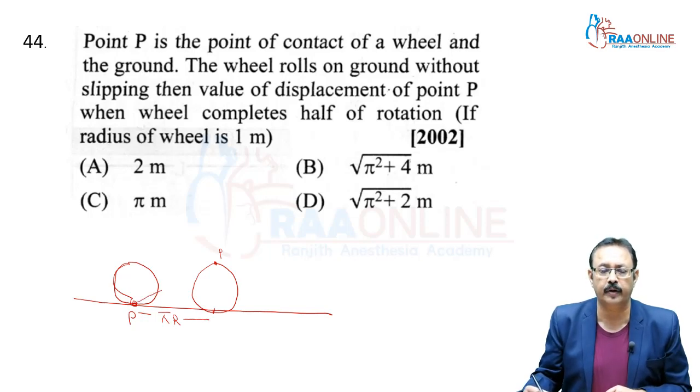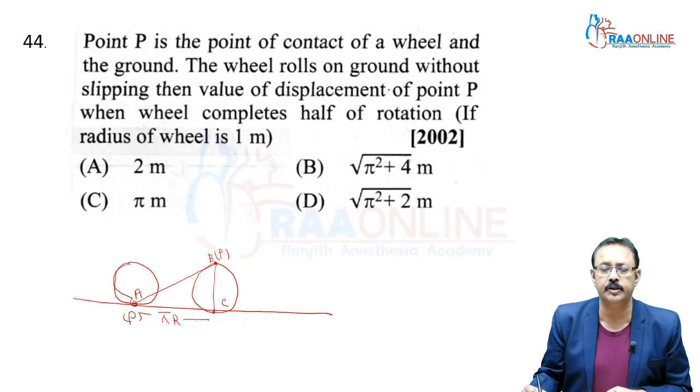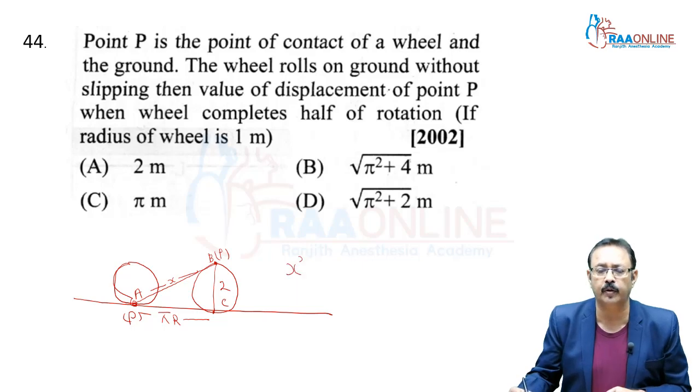We want to calculate this distance, means initially P was at A, now P is at B. Take this point C. BC means diameter. Radius is 1, so it is 2. We want to calculate this displacement. We can use Pythagoras theorem.